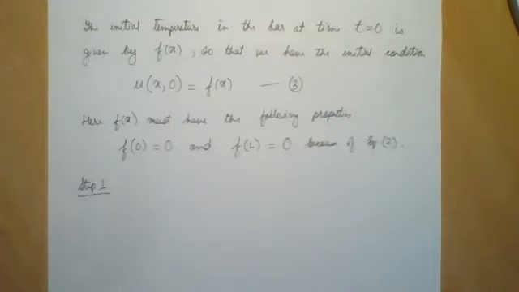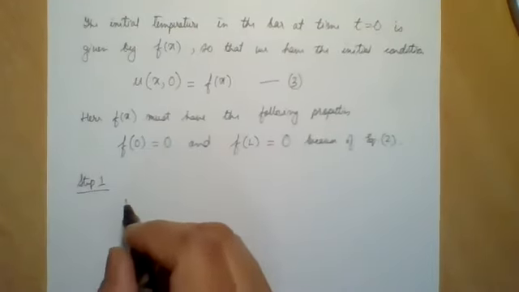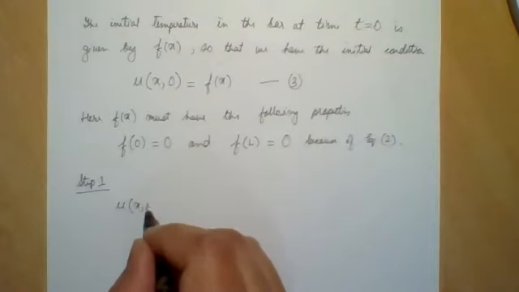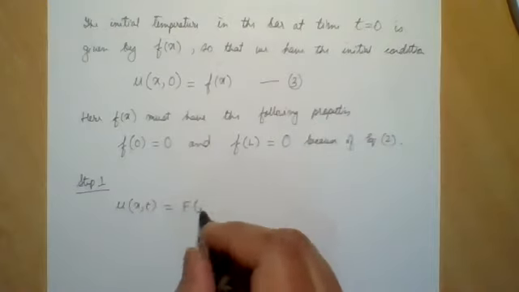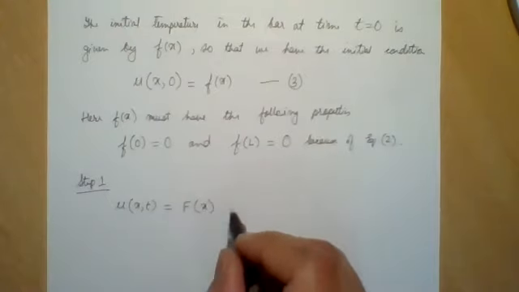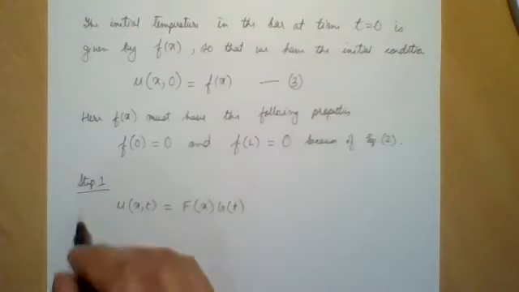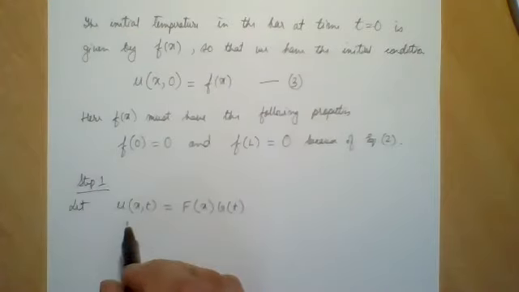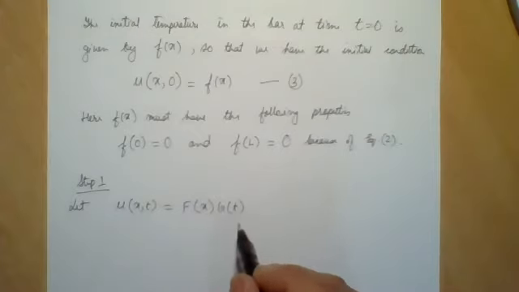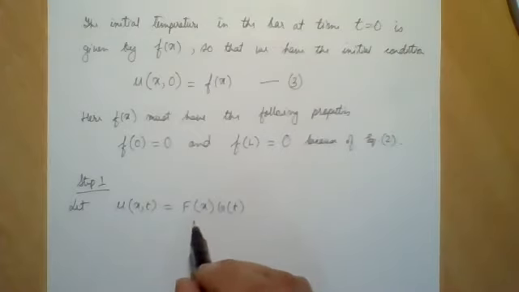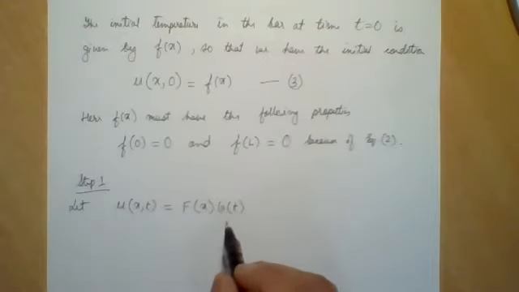As the first step, we set u of x, t equal to a product of 2 functions, f of x and g of t, where f of x is a function of only x and g of t is a function of only t.